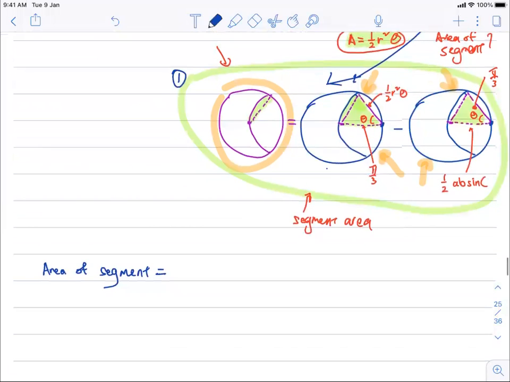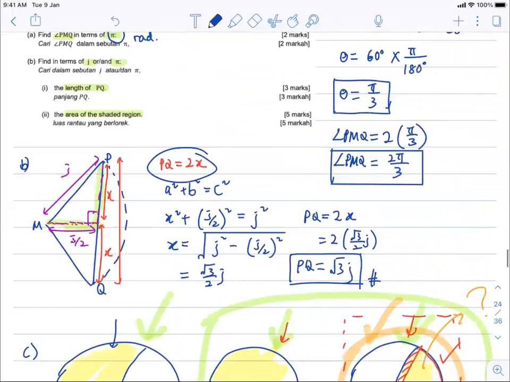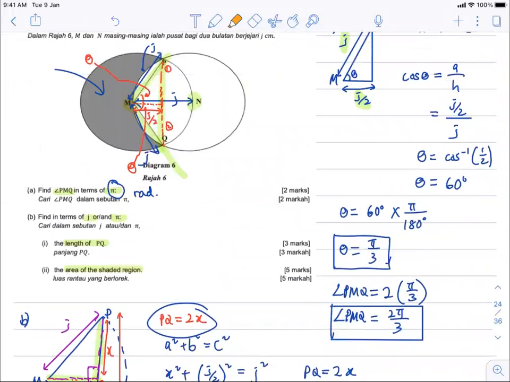Area of the segment, we take the area of the slice. So notice this is also a center of the circle, and the radius is J. To find the area of a slice of a circle, use half r squared theta. In this case, the r is J, half J squared, and the theta is pi over 3, as we have found previously.